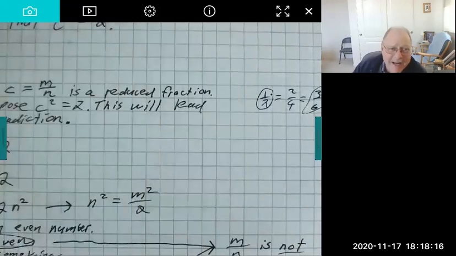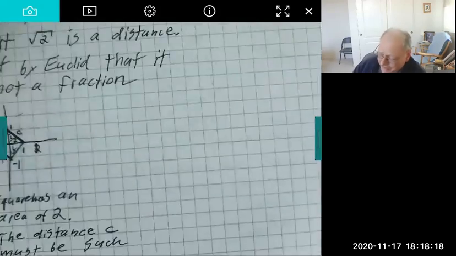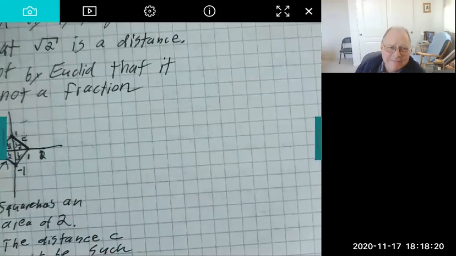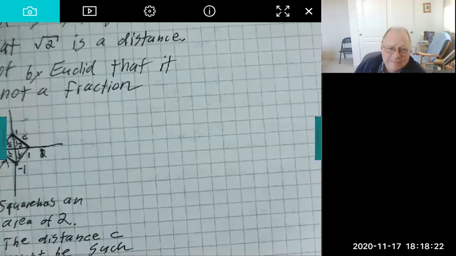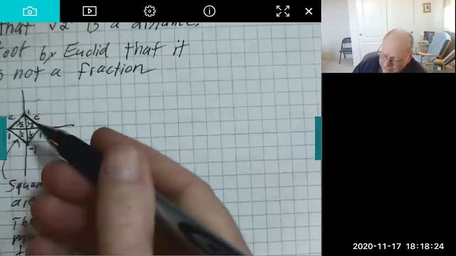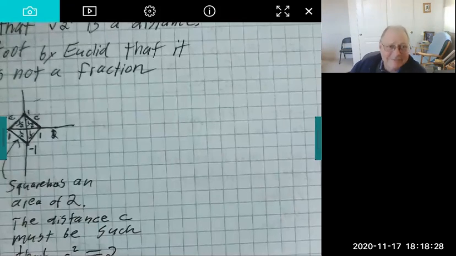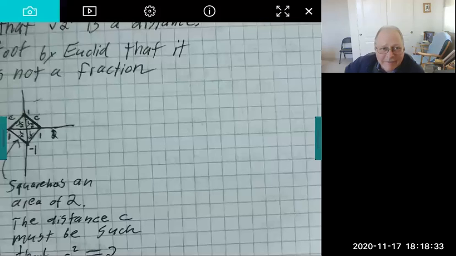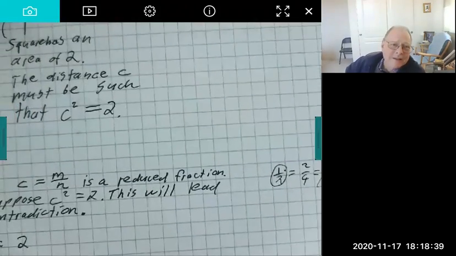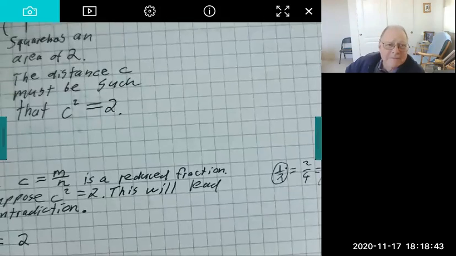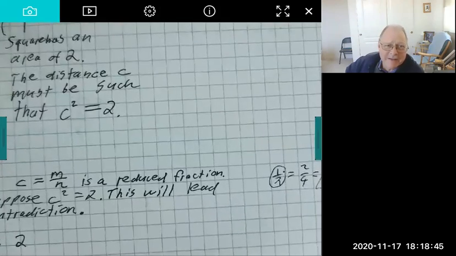And when you do that, it cannot be the number C, this diagonal distance. If it's going to be a fraction, it can't be one. So that's the proof. Whatever it is, it's something else, not a fraction.